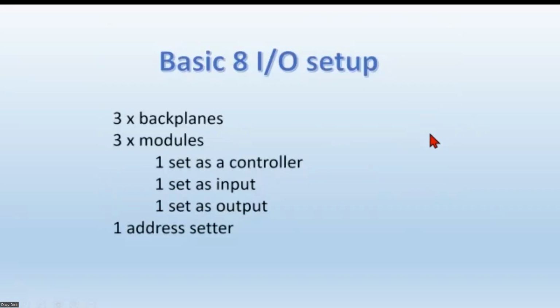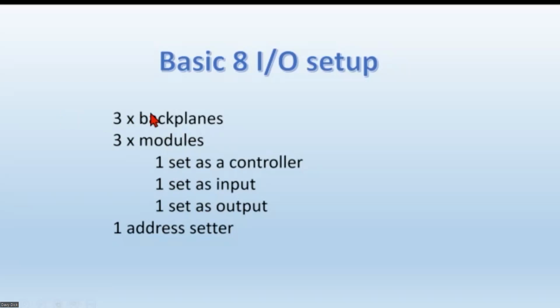What would it take to do a basic 8 input-output setup? Because remember, this only has digital outputs. Well, you'd need 3 backplanes. You need 3 modules because one has to be the controller, as you saw in that block diagram, 1 input and 1 output.